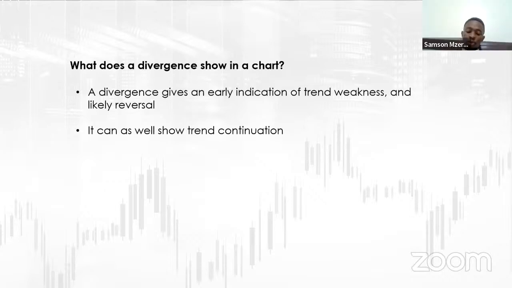Just a question there, Mathew. Do you think we should be using divergences with other methods of seeking entries or confirmation in the market, or is it possible to just trade divergences independently? Okay, I would definitely say, Sam, that you should always look for a confluence or confirmation from another indicator.